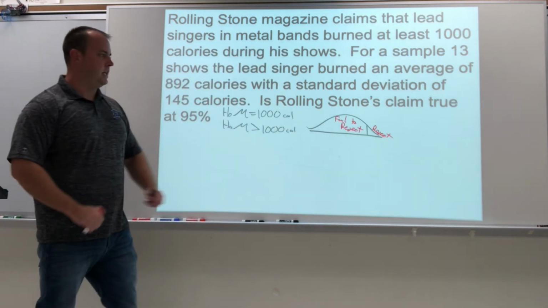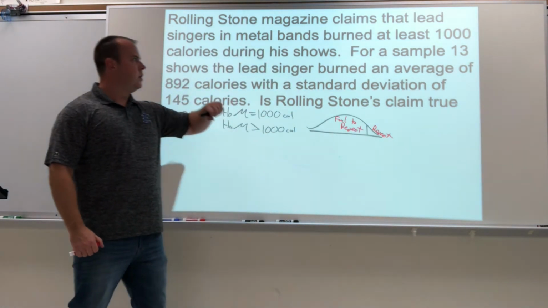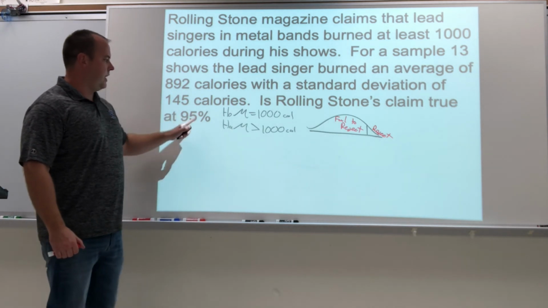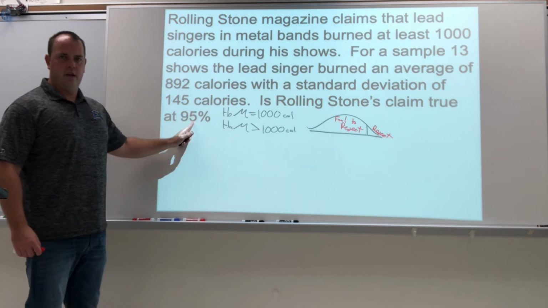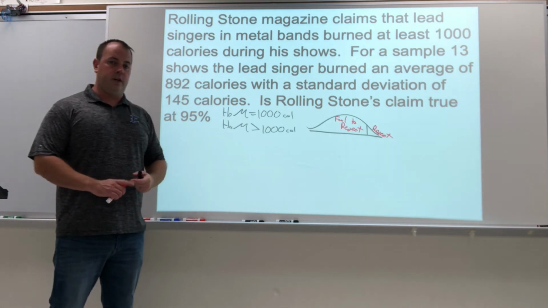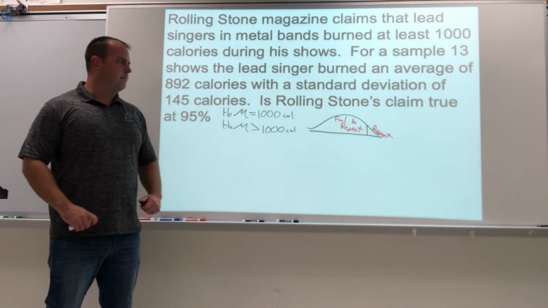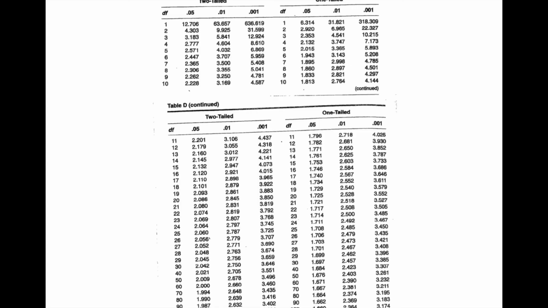So the pieces we need: one tail, we have a sample of 13, and we're going at 95%. So think about what your degrees of freedom is, think about what the tail is, okay? Then go to your chart. So now we're looking at a right tail, one tail test. We have our degrees of freedom is 12, and we are 95% confident.